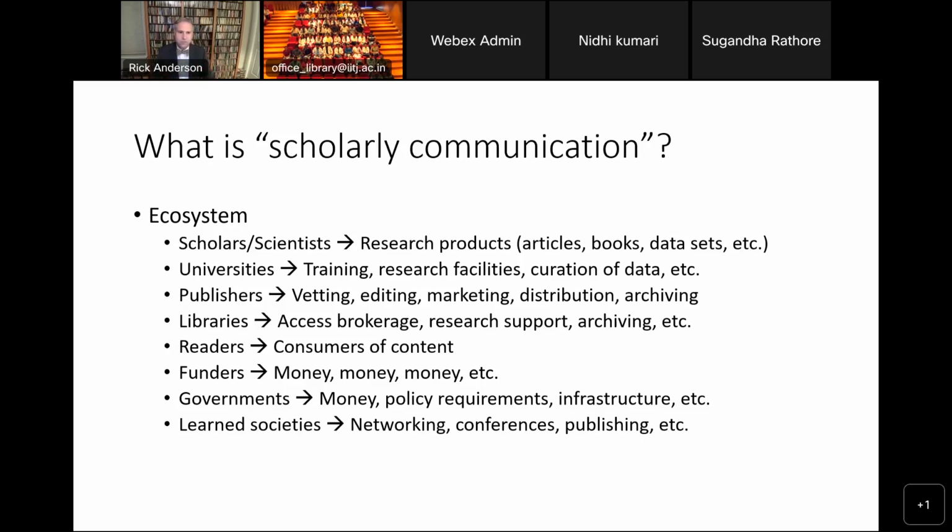And of course, this brings us to libraries. Libraries serve the very important function of brokering access to licensed content, most of which is available online. Of course, libraries also collect printed materials and hold those materials and organize them in their buildings. But increasingly, the majority of the content that libraries provide to their patrons is provided online and is licensed rather than purchased in physical documents and housed.